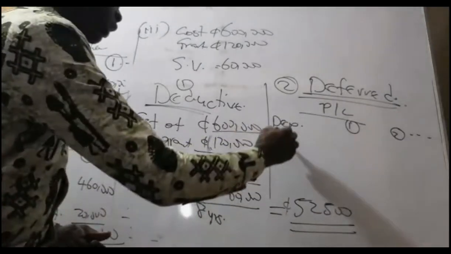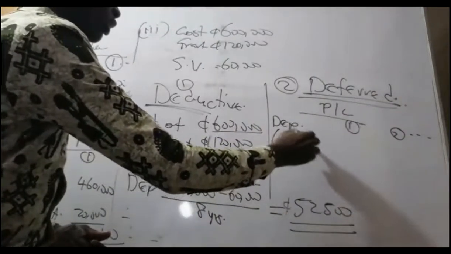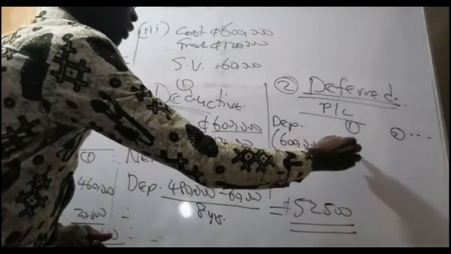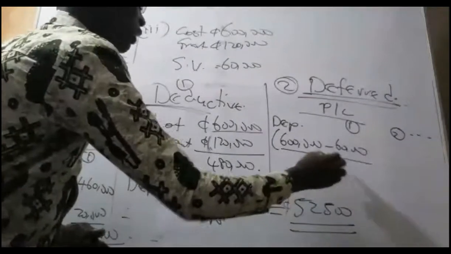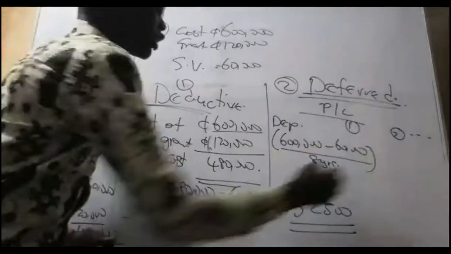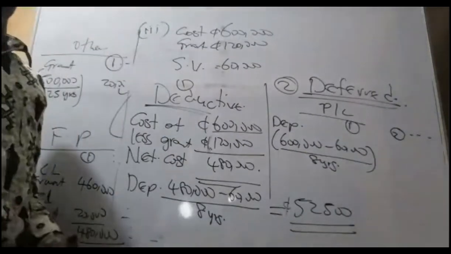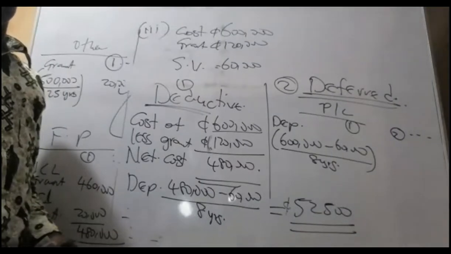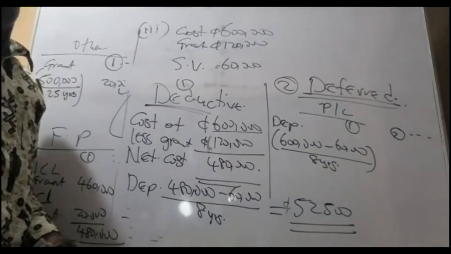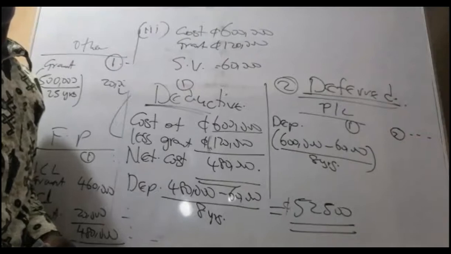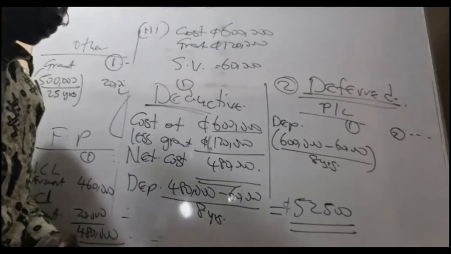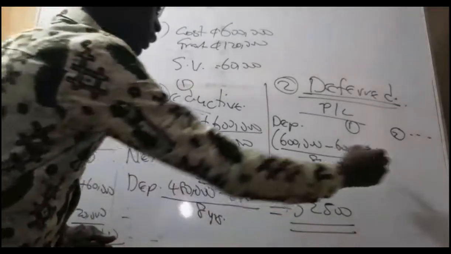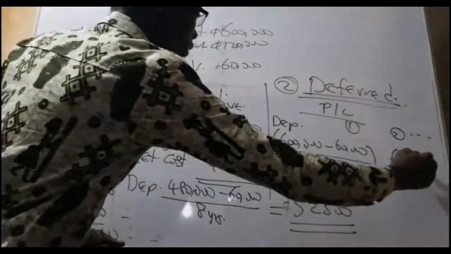So it will be 600,000 less 60,000, all divided by 8 years. That will be the depreciation per year. That will be 540,000 divided by 8 years, and that will give us 67,500.